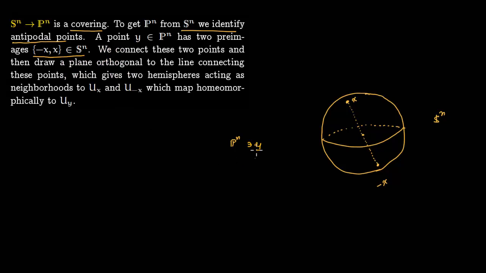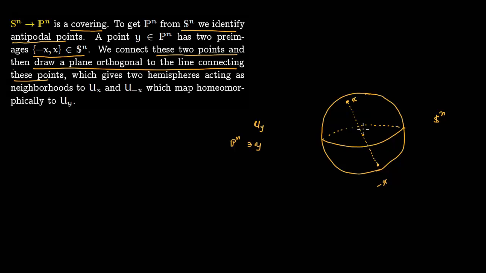So now to get a neighborhood u of y mapped to from here, this is a degree 2 map, because you will have precisely 2 neighborhoods mapping to u of y, neighborhood u of x and neighborhood u of minus x. So we need to concretely construct these neighborhoods. So for this we connect these 2 points, and then draw a plane orthogonal to the line connecting these points.